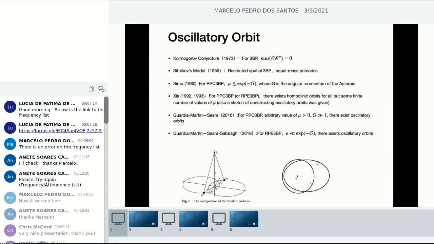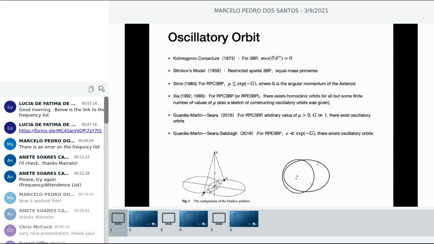The first model in which we get the existence of the oscillatory orbit is Sitnikov's model in 1959. It's for the restricted spatial three-body problem.